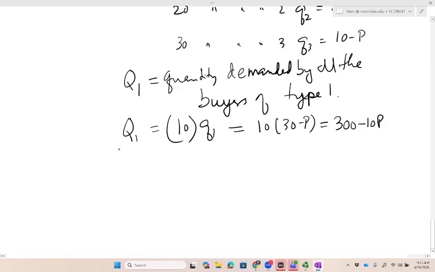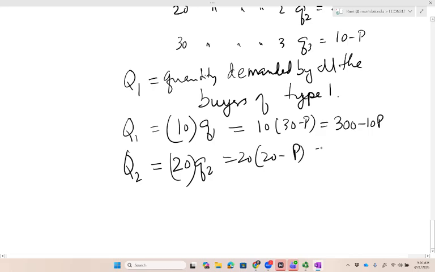And we will use the uppercase Q to denote this aggregation. Now I can follow the same principle to obtain Q2. We have 20 buyers of type 2. So 20 times 20 minus P, I obtain 400 minus 20P.